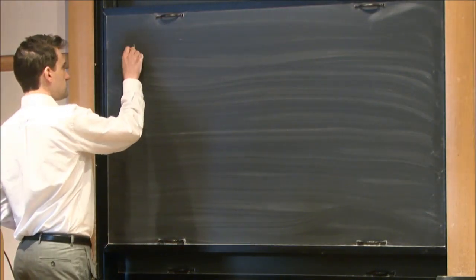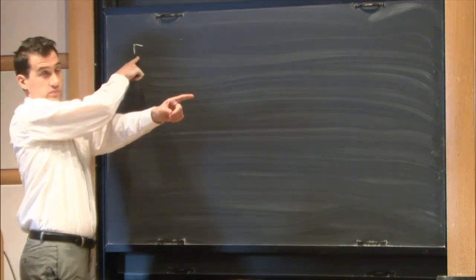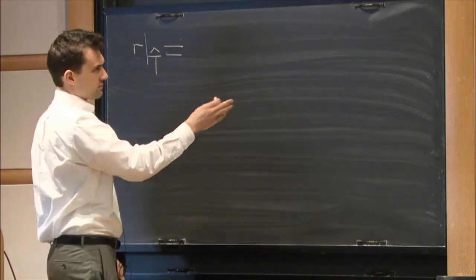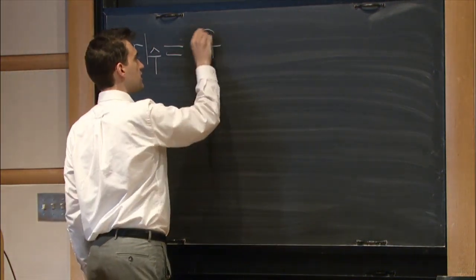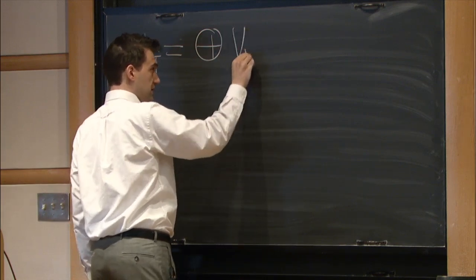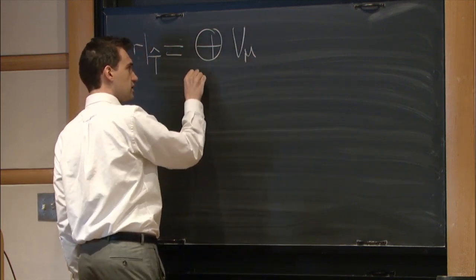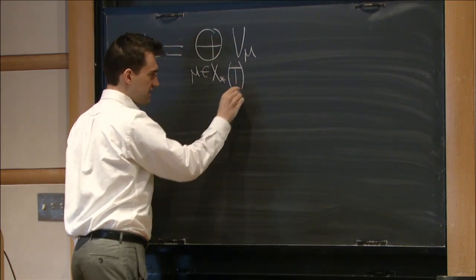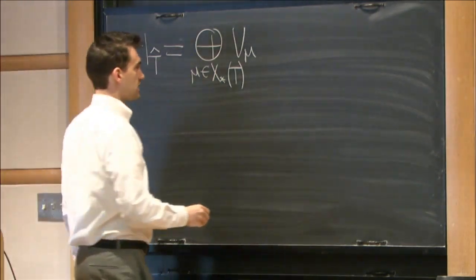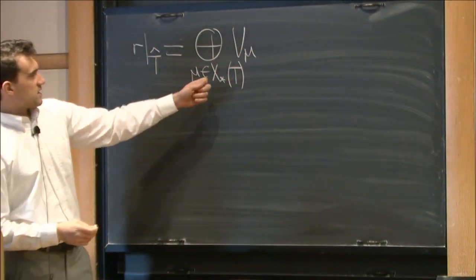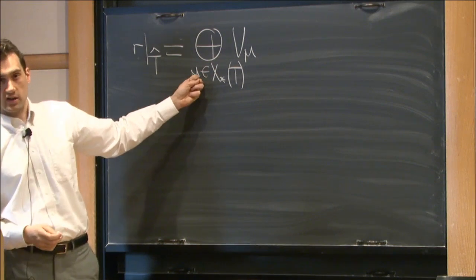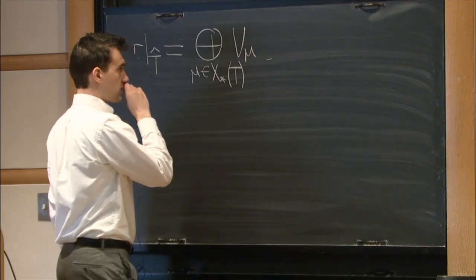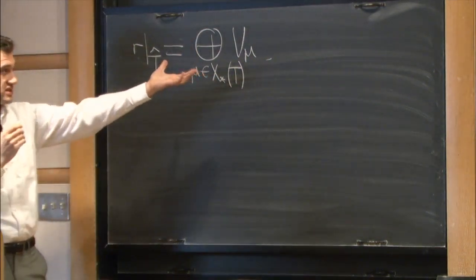OK, so if I take my representation of the L group and I restrict it to t hat, because of the algebraic assumption, this breaks up into a direct sum of one-dimensional eigenspaces. So they're indexed by characters of t hat, which is the same thing as co-characters of t. And there might be several one-dimensional spaces with the same character here, but they're all one-dimensional and acting through this character. So you have some decomposition like this.